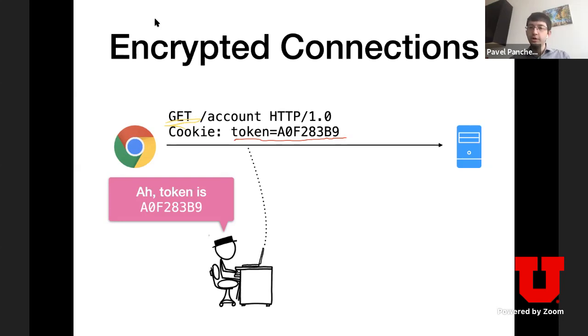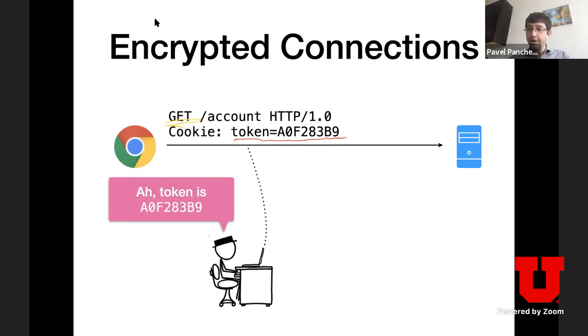And that message includes information that authenticates your browser as you. So here I've got this man in hat from XKCD, and he has eavesdropped on the connection and determined the token that your browser uses to authenticate itself with your bank.